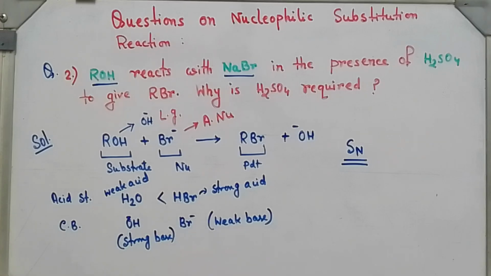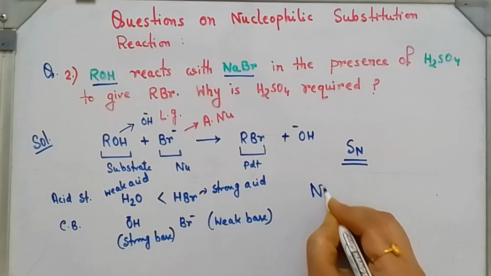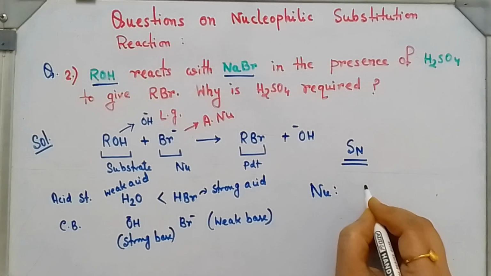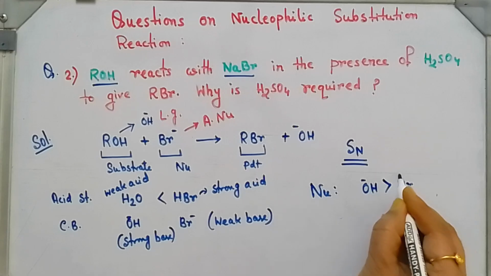So OH minus is a stronger base than Br minus. Therefore, OH minus is a stronger nucleophile than Br minus. If you compare the nucleophilicity, then OH minus is a stronger nucleophile than Br minus.